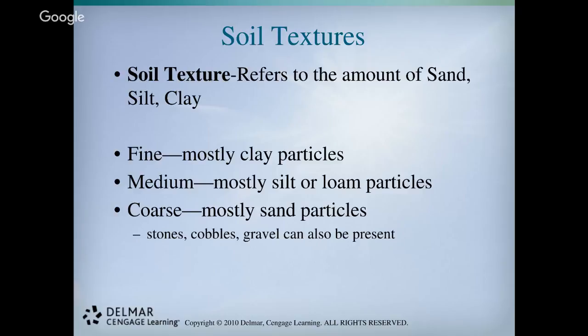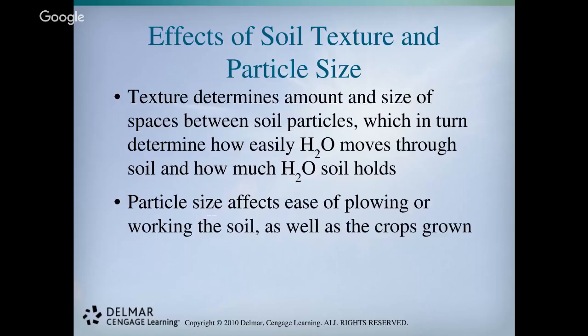So we'll get that one going around, and then the smallest particle size is fine, and that would be clay. So if this clay broke up, it would be a very fine textured soil.